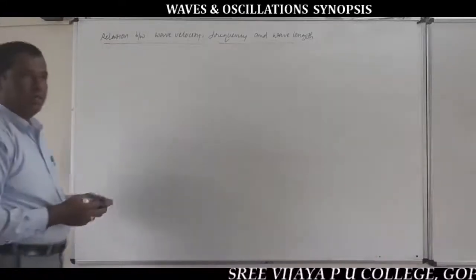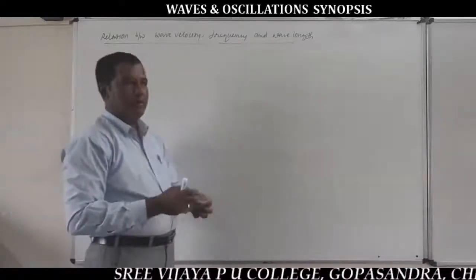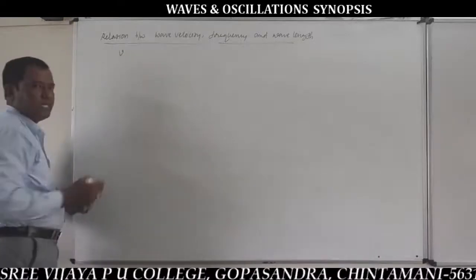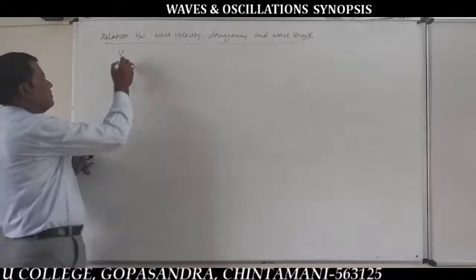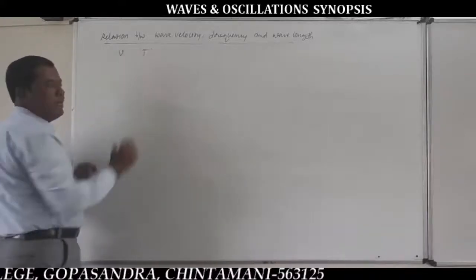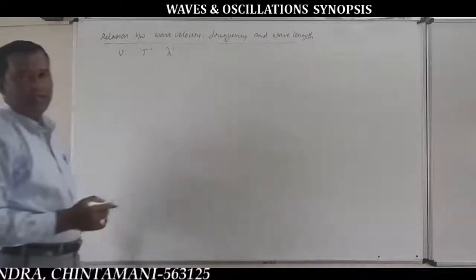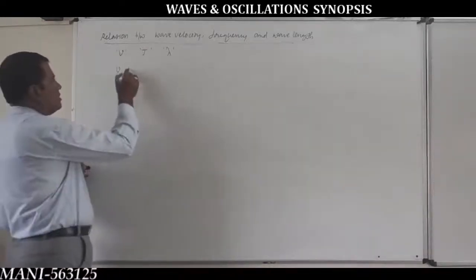Let us consider a wave which is traveling in a medium with a definite velocity v. Let T be its time period and lambda be its wavelength.